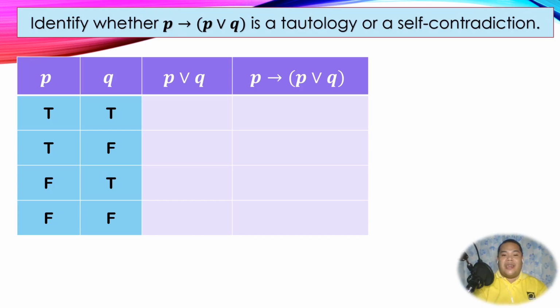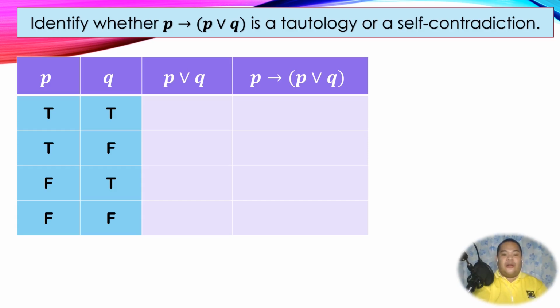Identify whether P implies the quantity P or Q is a tautology or a self-contradiction. There are two statements, P and Q. Therefore, it will be a 4-row table. We then start by solving the truth value of P or Q. Since the logical connector is OR, one of the two statements being true makes the entire statement true.